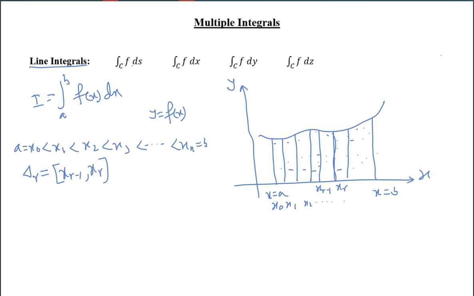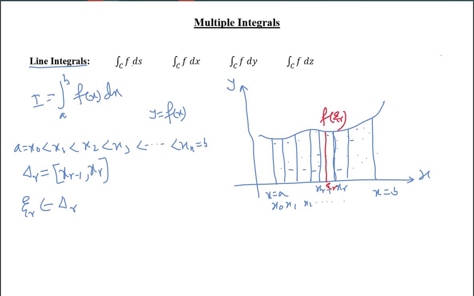In this interval, we choose a number xi r which belongs to this delta r. So I am choosing a xi r somewhere between xr minus 1 and xr. This is your xi r. Then this value will be your f of xi r.